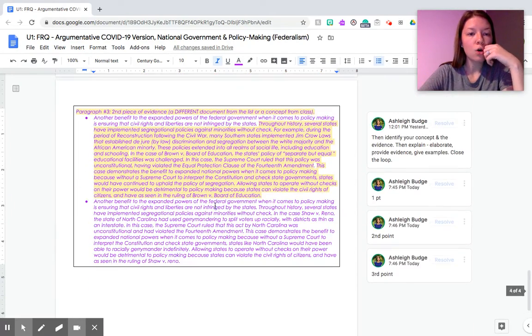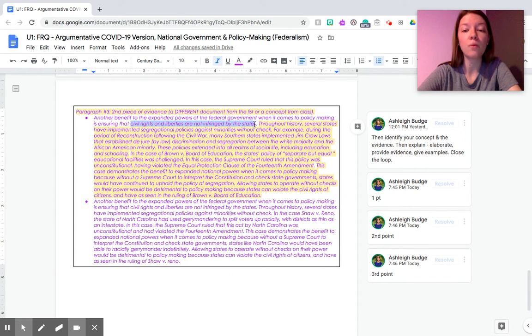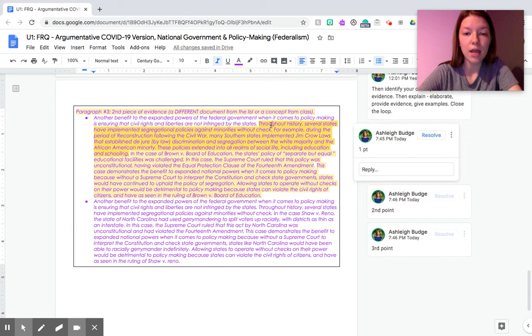Okay, so I started off by again kind of restating my claim, tying in my line of reasoning. Another benefit to the expanded powers of the federal government when it comes to policymaking is ensuring that civil rights and liberties are not infringed by the states. That very quickly identifies to the reader what I'm going to be talking about. Okay. Now, my first point comes from this.